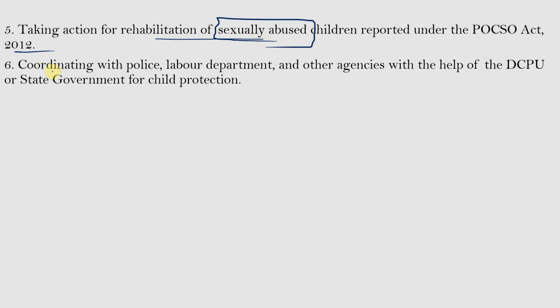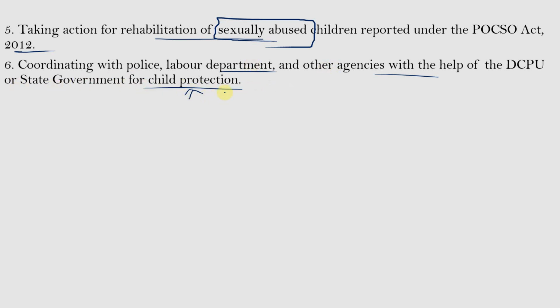So those children who were abused sexually shall be given rehabilitation provisions by the committee. And the next is coordinating with police, labor department, and other agencies with the help of the district child protection unit or the state government for child protection.